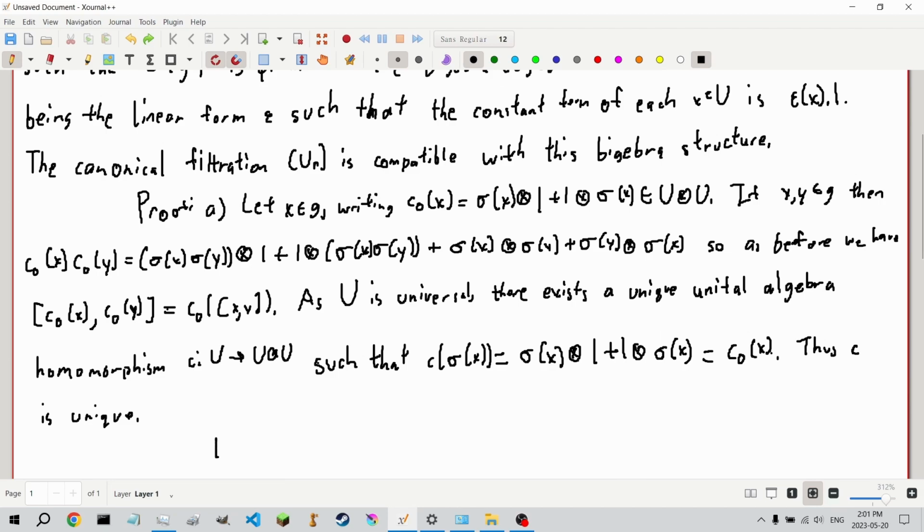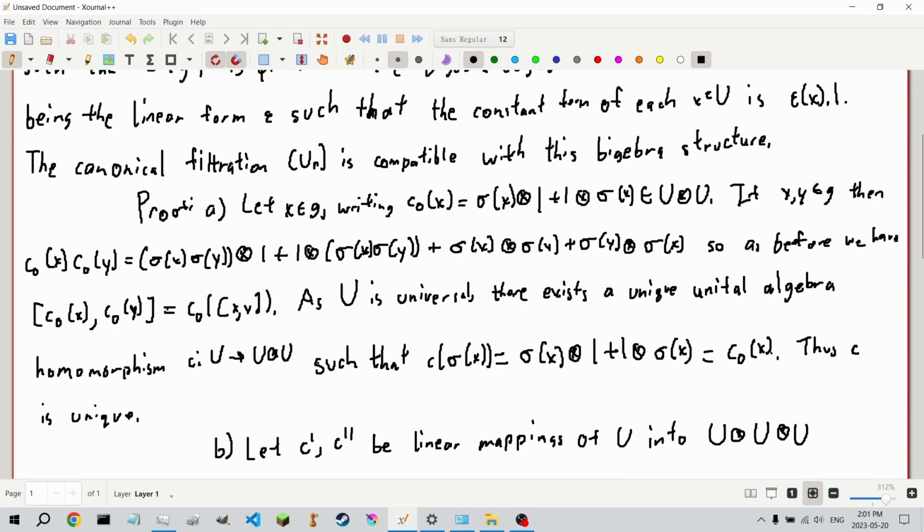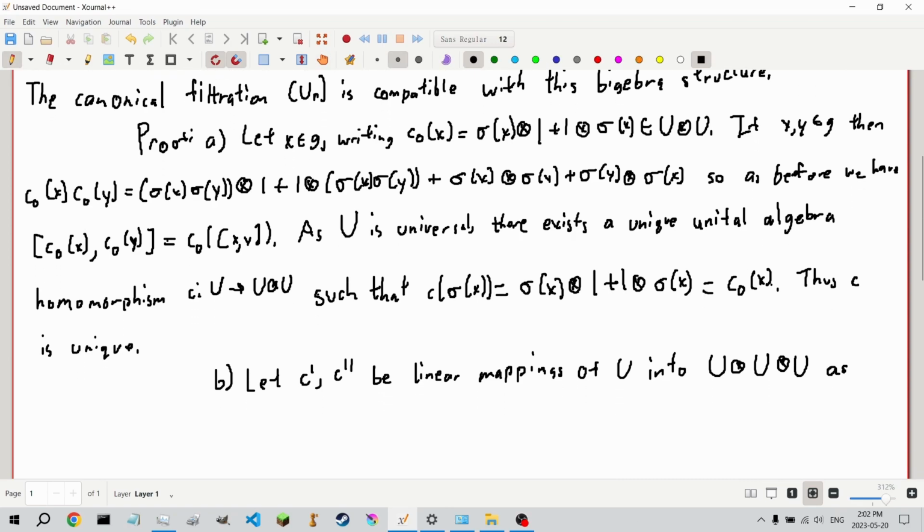Now for part B, this is for the coassociativity of C. So we're going to let C prime and C double prime be linear mappings of U into U tensor U. C prime is going to consist of applying C and then applying C again on the left.